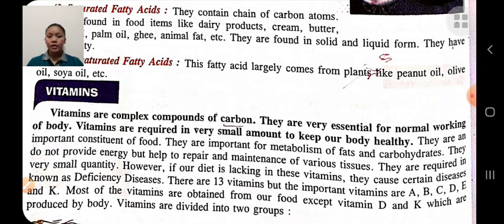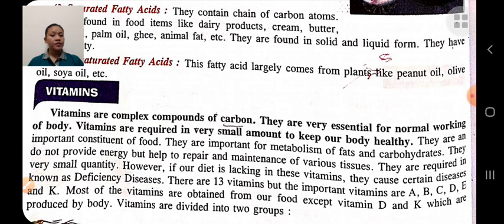However, if there is a lack of vitamins, if we take less vitamin, then it may cause certain diseases known as deficiency diseases. If there is less vitamin in our diet, it may lead to deficiency disease.